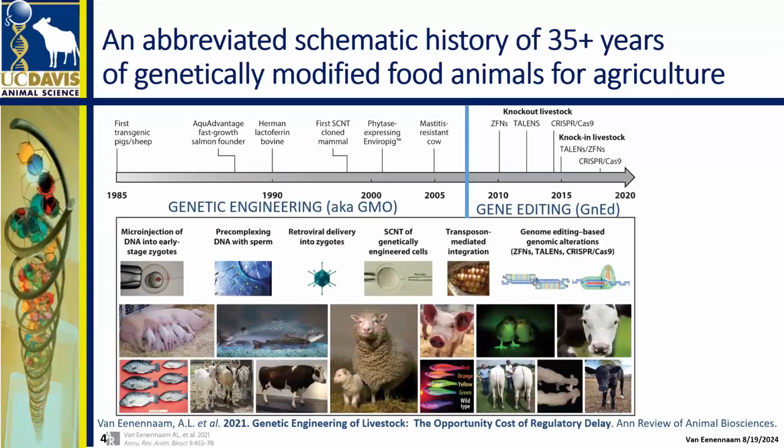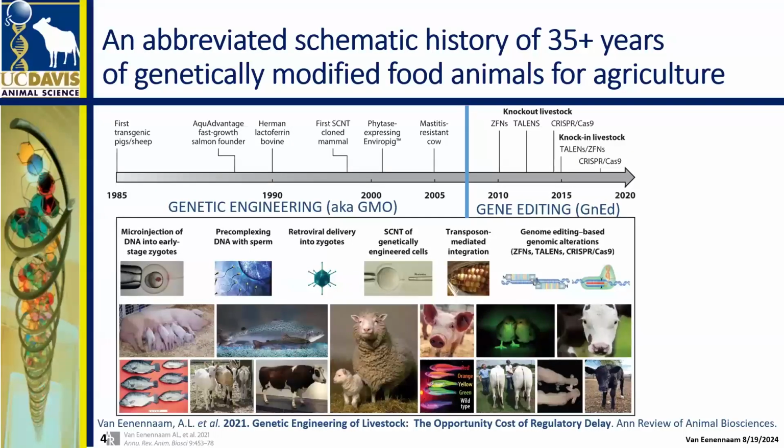And you can see here that that started in animals back in 1985, around about the same time that plants started with genetic engineering. And we can see perhaps in this little montage some familiar faces from the greatest hits of animal biotechnology, I guess.